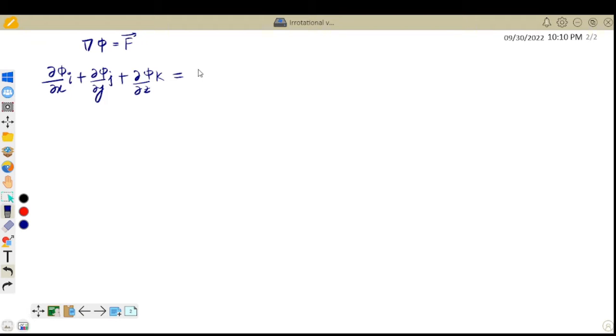You know already, vector f is y plus z into i plus z plus x into j plus x plus y into k. Students, left side you have a vector, right side also you have a vector. Then the corresponding coefficients of i, j, k are equal.